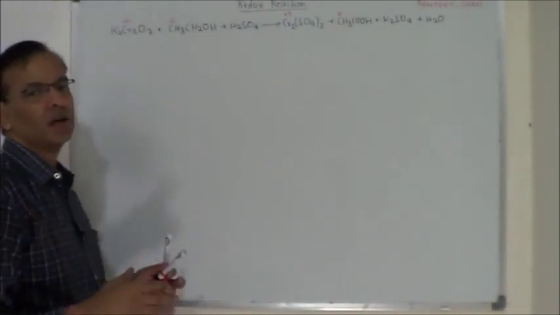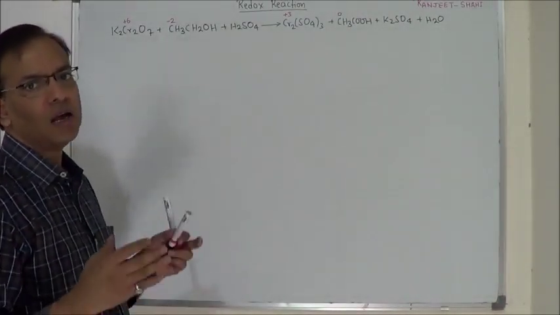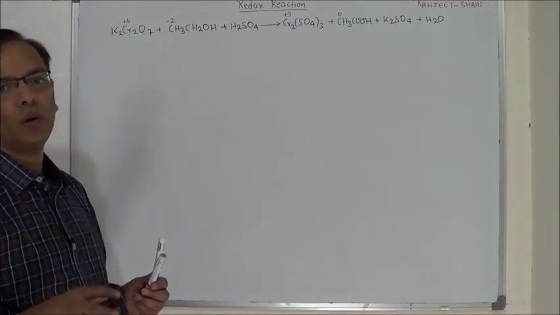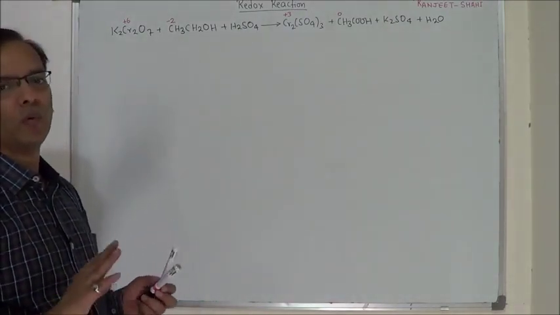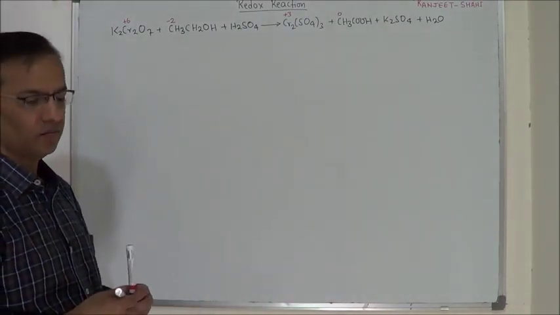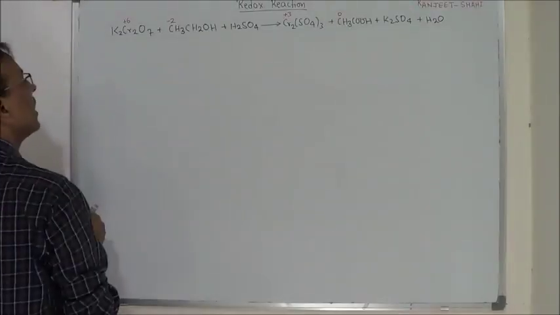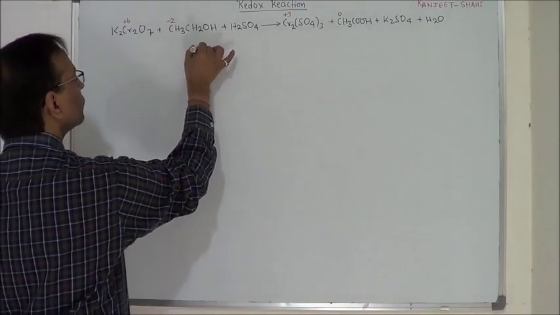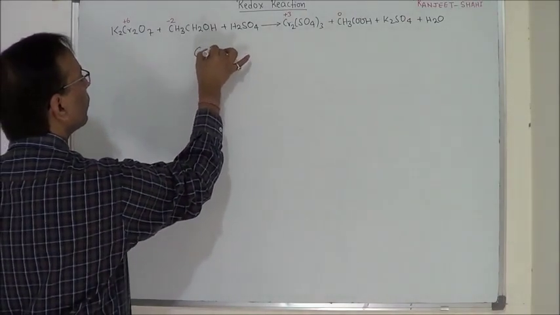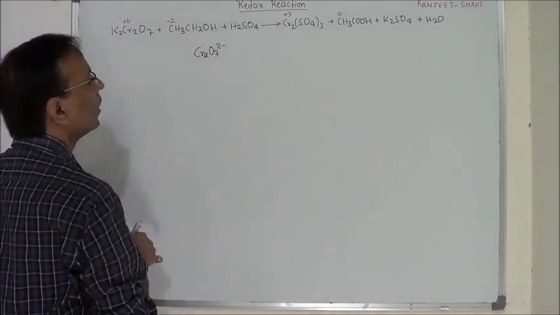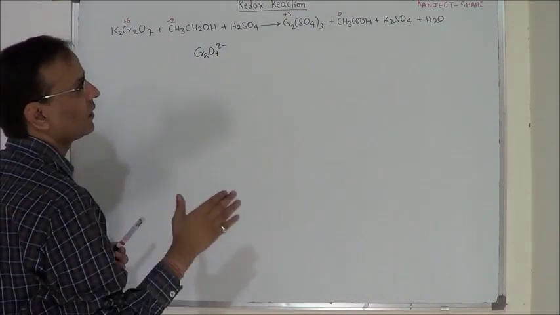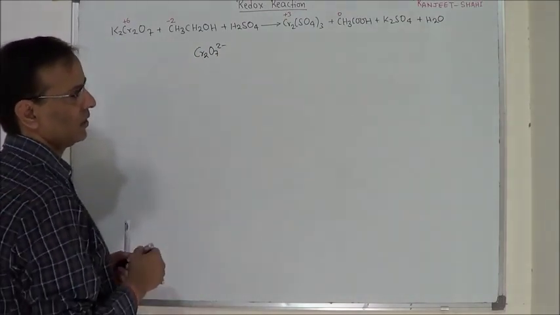When writing the half reaction, we will be using ions for ionic compounds and covalent compounds will be taken as such. So in this compound, the ion we need to write is the dichromate ion. And now we can directly start writing half reactions.